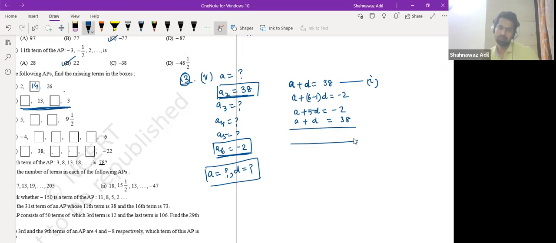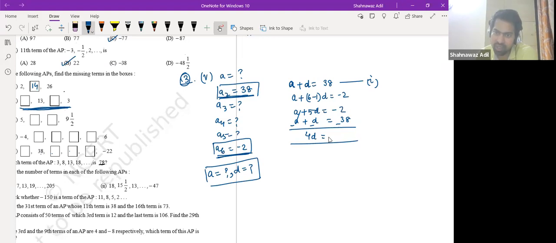Yeah, we cancel A, and 4D equal to. See, we have minus here, so there is minus 2 on top. So can we plus it, or should we still minus? So minus 2 minus 38. So which means that we have to add it.